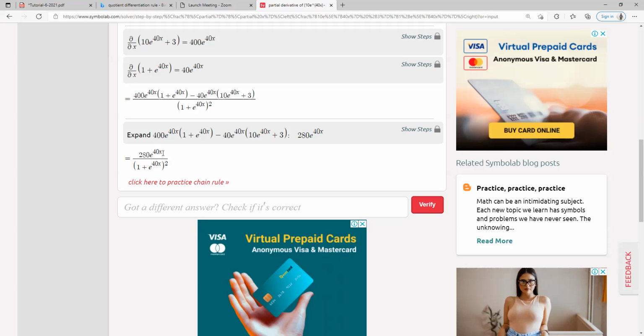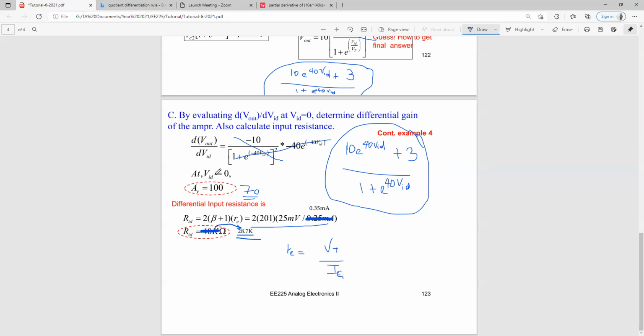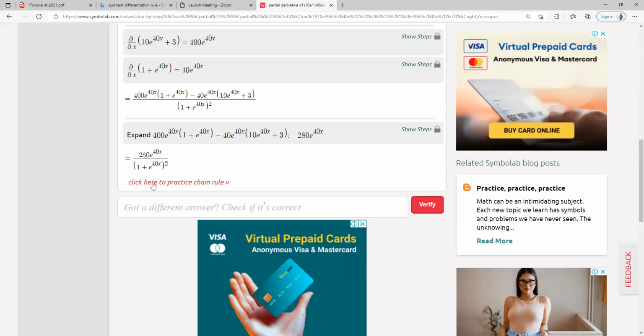In place of x, since VID is equal to 0, we substitute 0. Evaluating this whole thing, we get a gain of 70. You can cross-check: do you get 70 as your gain?